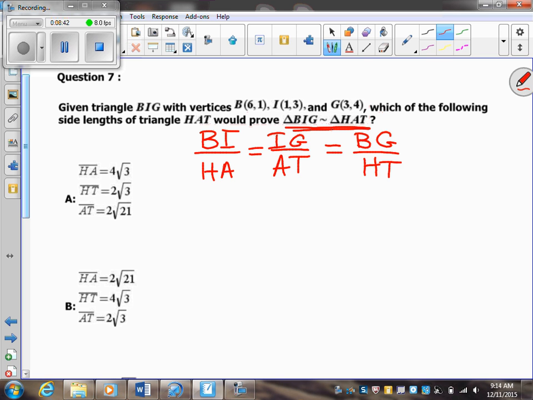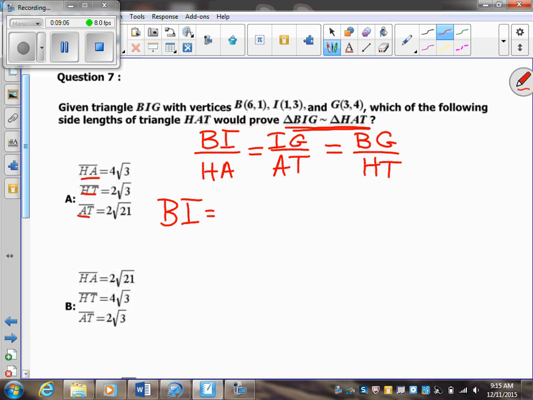So they all have to be proportional to each other. But I don't know what B... I know in the choice that they gave me HA, HT, and AT is given, right? But I don't know what BI is. So I have to find the length of BI, and I have to find the length of IG, and I have to find the length of BG.